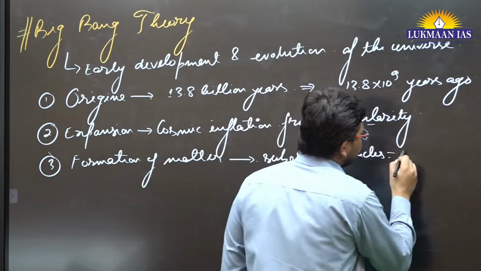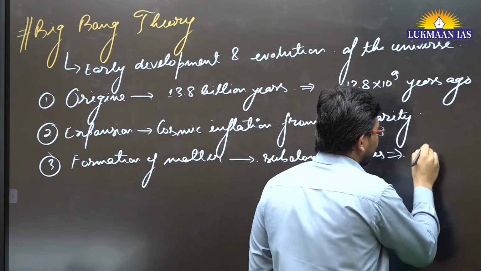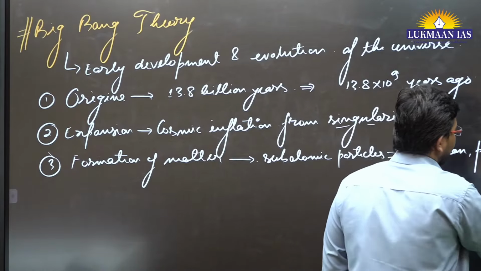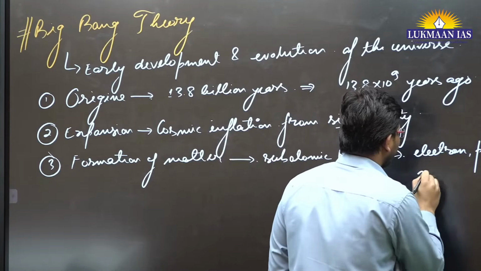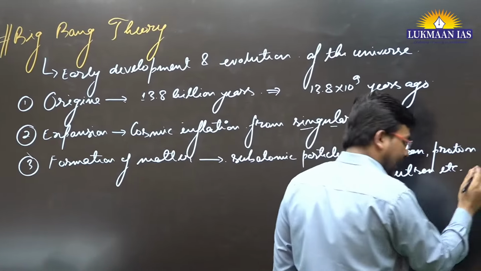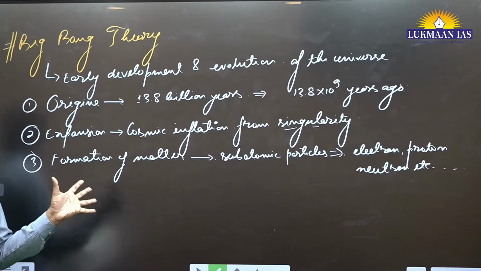What particles were they? They were, let's say, electron, proton, neutron, etc. But atoms were not formed initially, and these particles were suspended, okay?